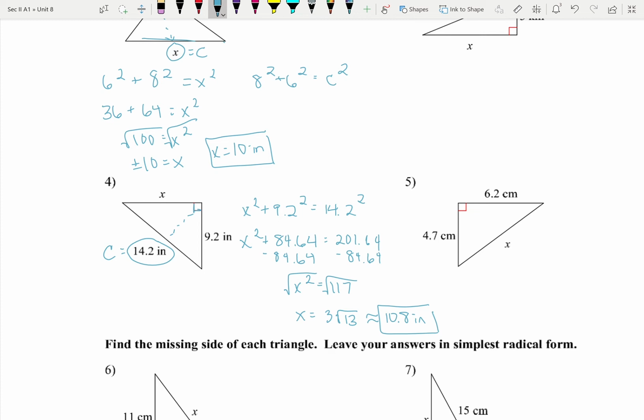Notice I'm ignoring the negative option because there's no such thing as negative length. So pause the video, do 3 and 5. Now let's check your work. So for number 3, you should have gotten x equals 12 kilometers. And number 5, you should have gotten x equals 7.8 centimeters.